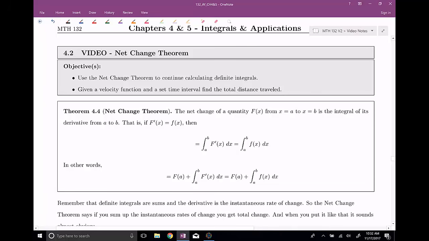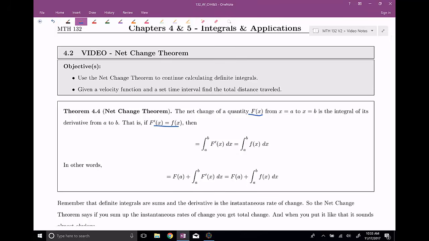All right, and so our main theorem for this section is the net change theorem, which says if you want the net change of a quantity, say F(x), then if you add up its instantaneous rate of change, so its derivative, small f(x), like the area underneath, maybe with a definite integral, then you would get the net change.